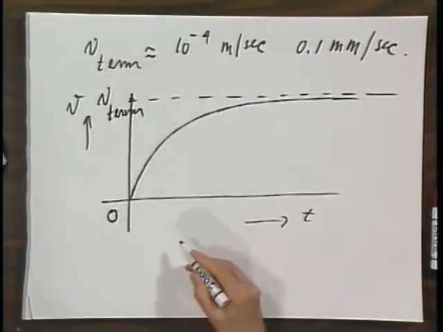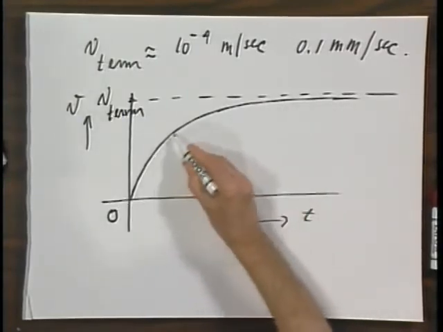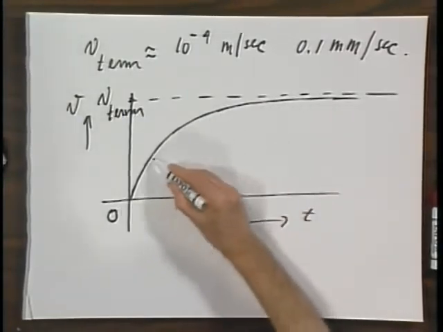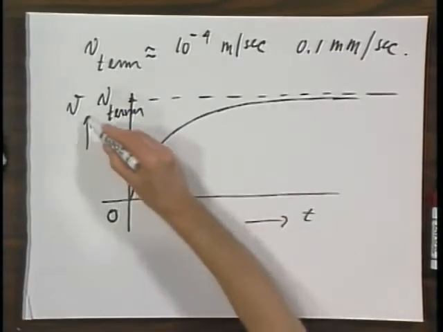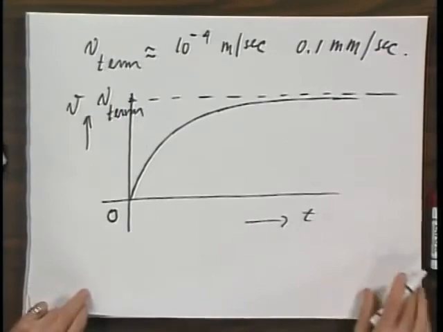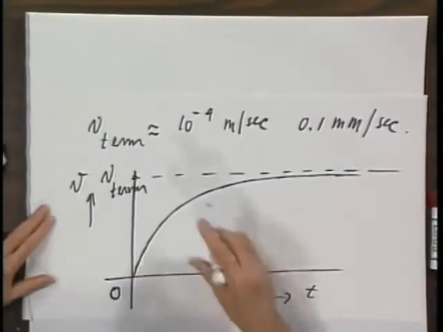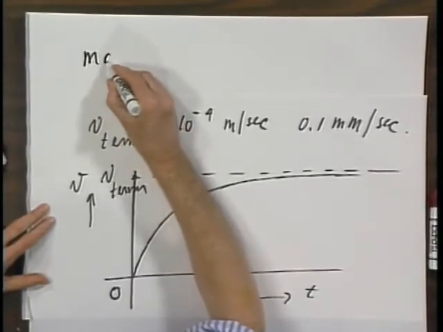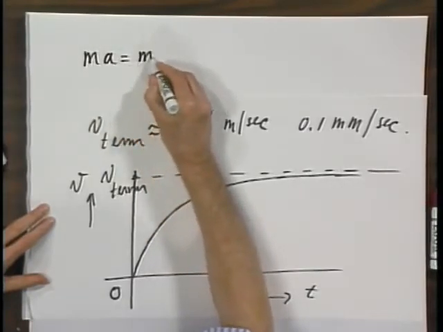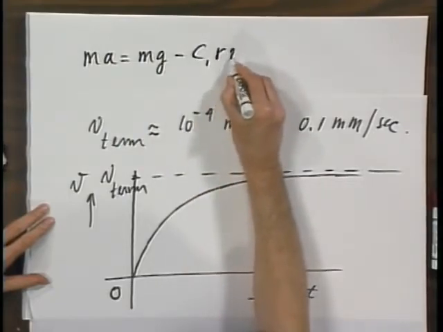I want to discuss now the representation of this curve. How does this speed change with time? In other words, I have to evaluate the equation ma equals mg minus c1r times v.